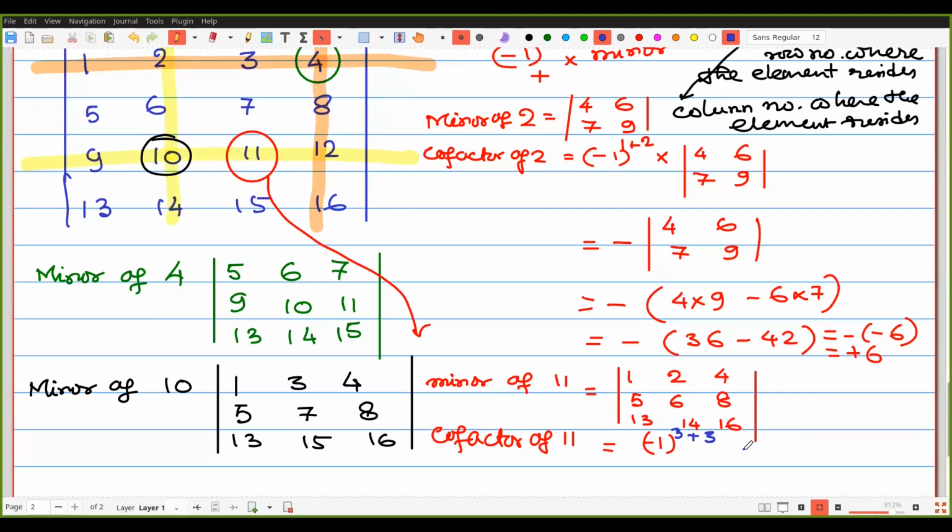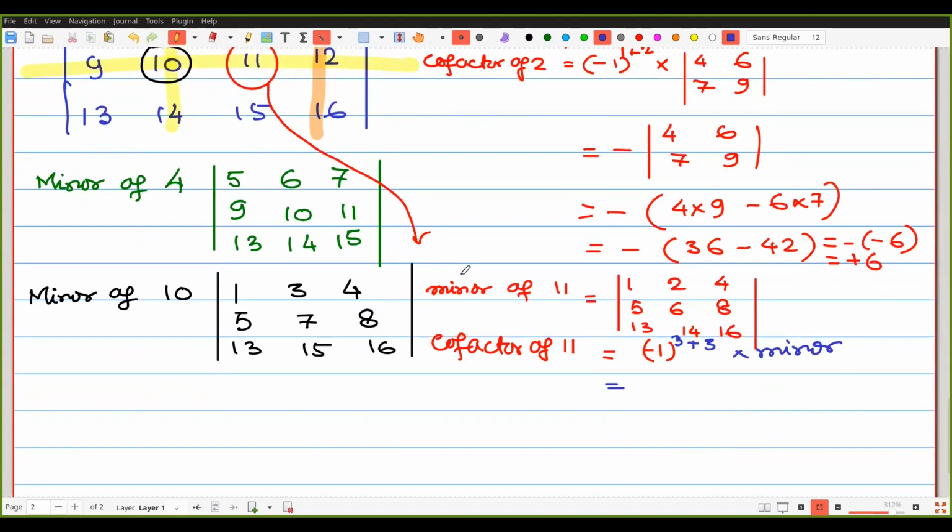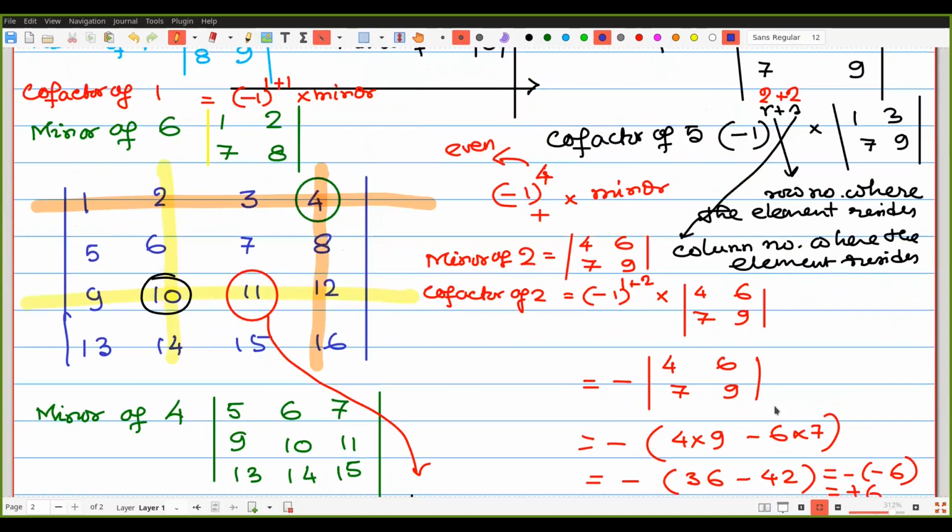Okay. So as usual with the minor. Now that one is plus, because minus 1 whole to the power, sorry, even. So what is happening here? Practically, if we see, there is a very interesting thing. The first one is giving us plus, second one is minus, third one is plus, fourth one is minus.